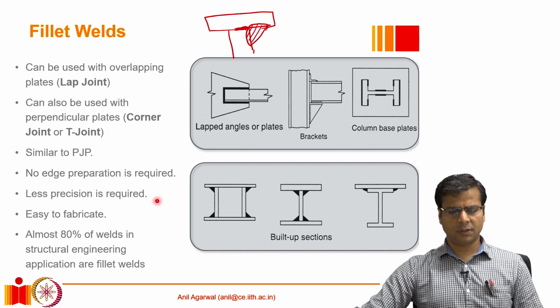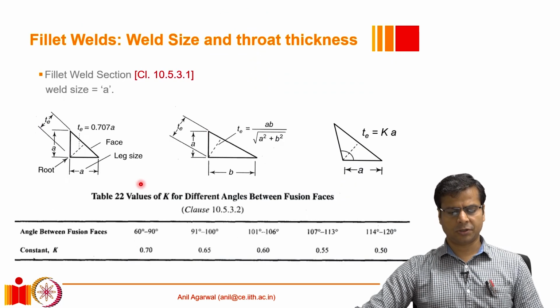And because of this flexibility, in terms of less precision required and no edge preparation required, fillet welds are easy to fabricate, and therefore they constitute a significant majority of the total welds that are usually practiced in engineering construction.